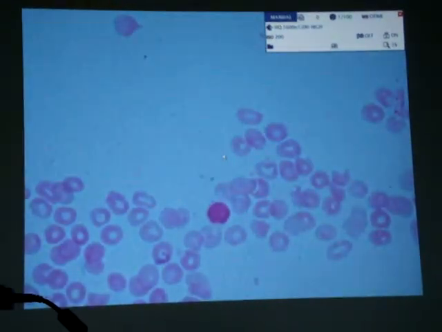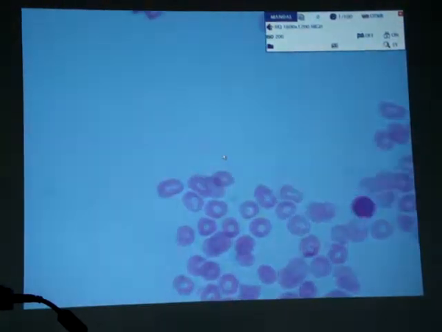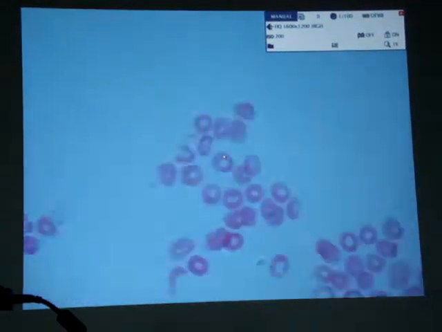How about that leukocyte? Lymphocyte. Ang monocyte.